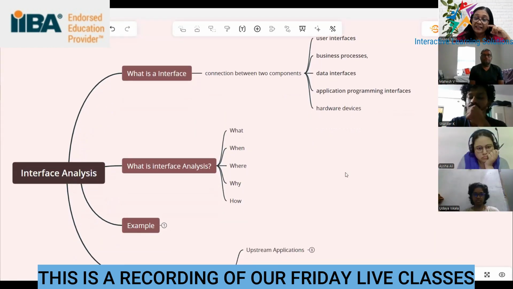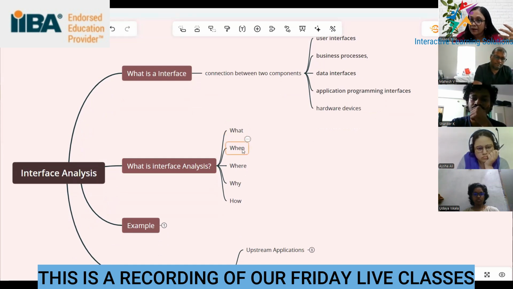So when a BA is doing interface analysis, what are the key things that he or she needs to focus on? Okay. So when we are doing interface analysis, we need to understand what is the data that is getting exchanged. When the data exchange is happening, where it is happening. In some cases this is applicable, why the data exchange happens, and how.